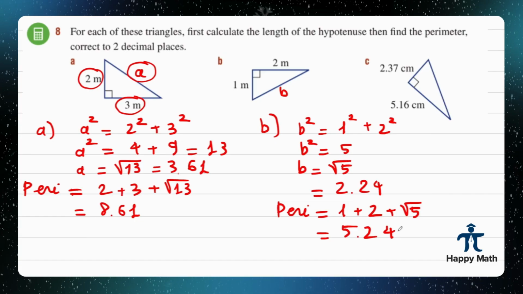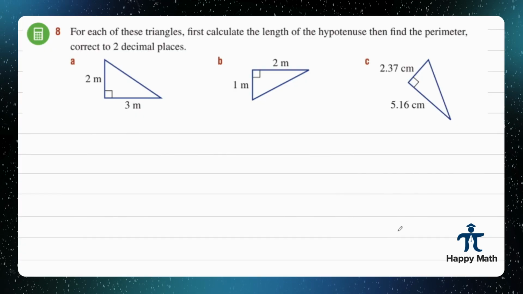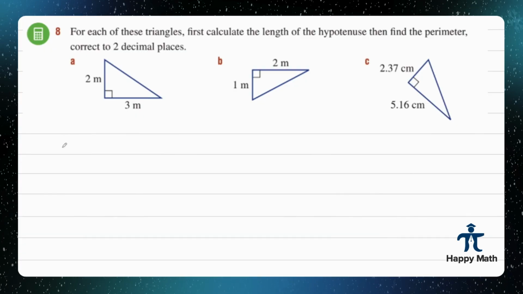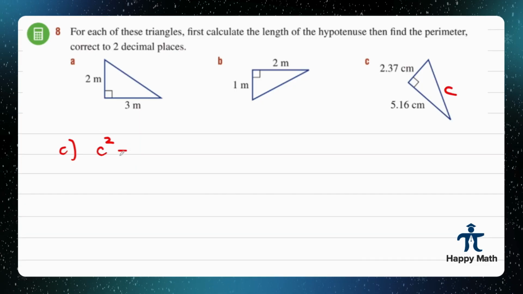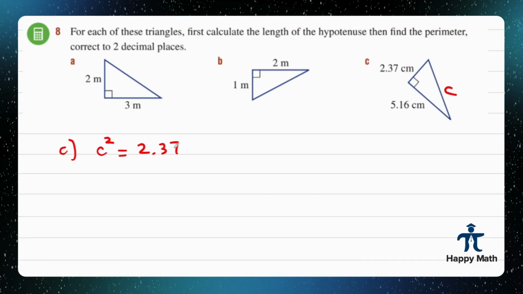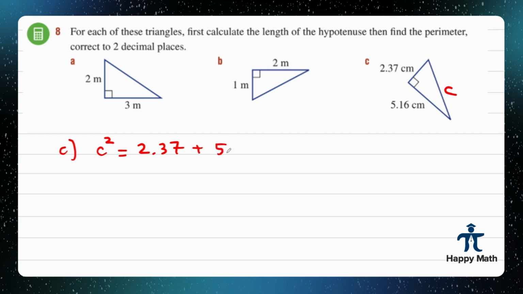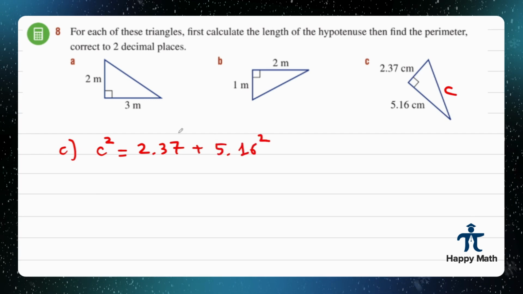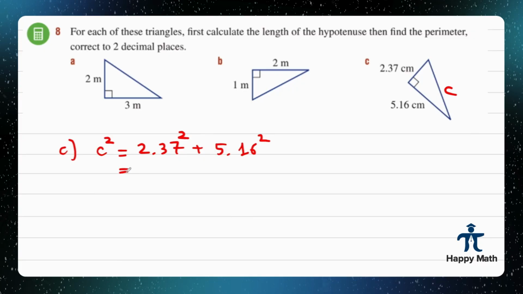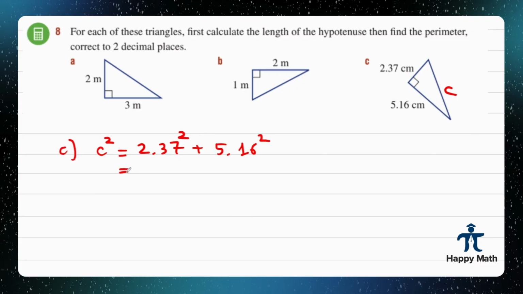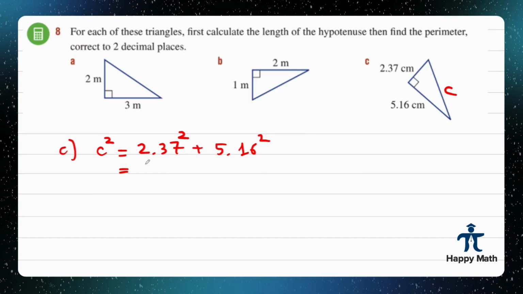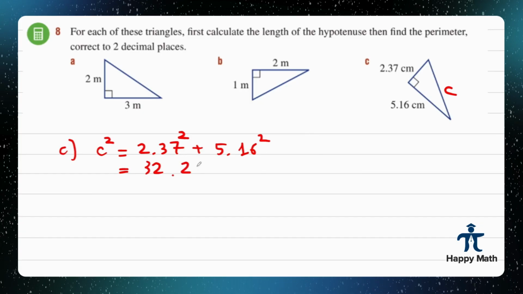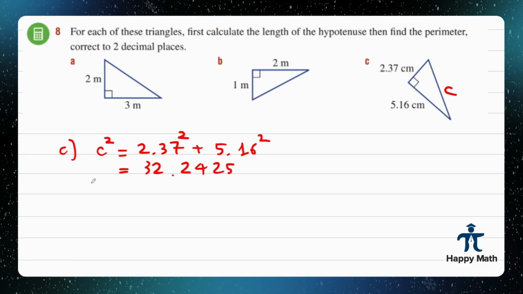Understanding? About question C, you have decimal form, a little more complicated to figure out. C squared here is 2.37 squared plus 5.16 squared. Square the first, and 5.16 squared the second, and the answer will be 32.2425.